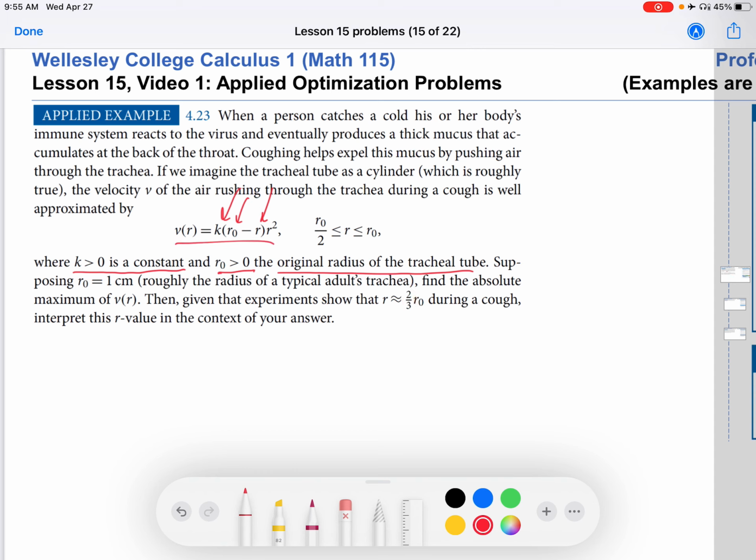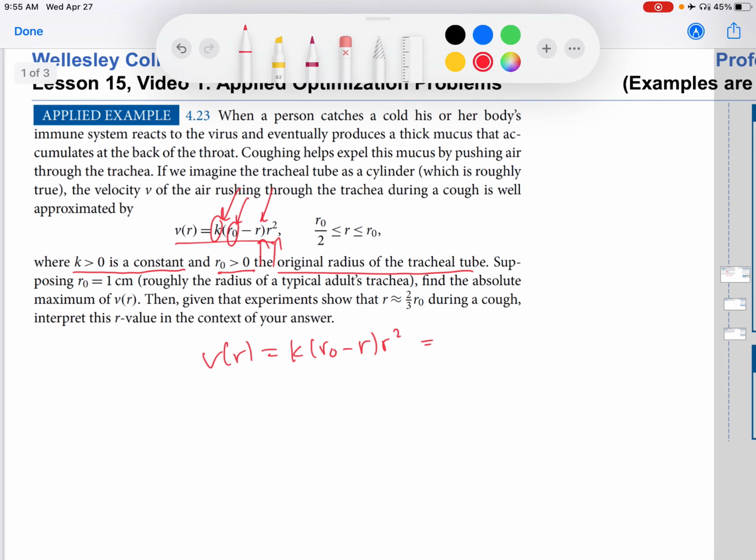So if you go back to this function V of r, what's really going on is that this is a constant, and then r is the variable. So this function is basically a cubic polynomial. If we write it over here, k times (r sub 0 minus r) times r squared, and we multiply things out, then we have k r0 r squared minus k r0 r cubed.